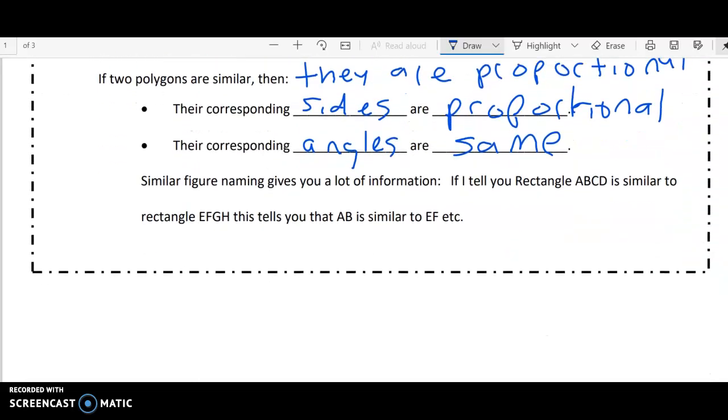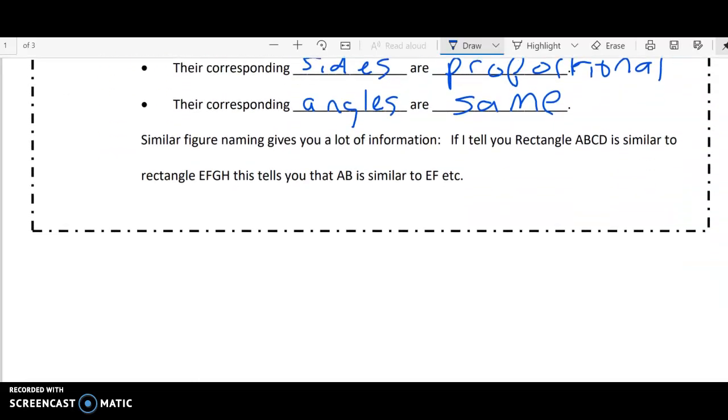Similar figures naming gives you a lot of information. If I tell you that rectangle ABCD is similar to rectangle EFGH, this tells you that AB is similar to EF.